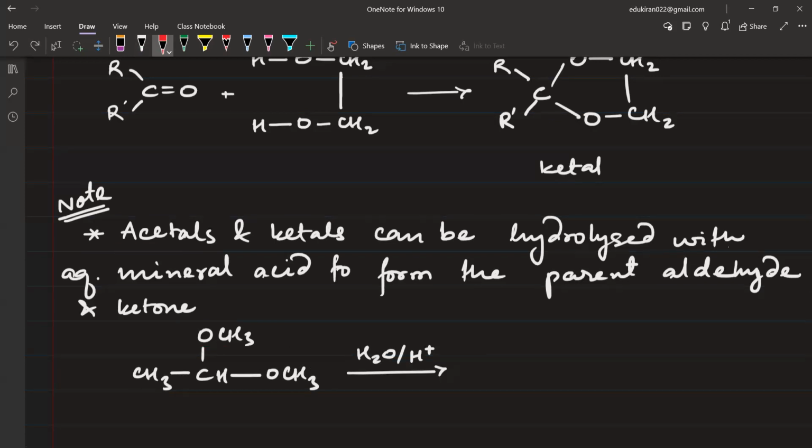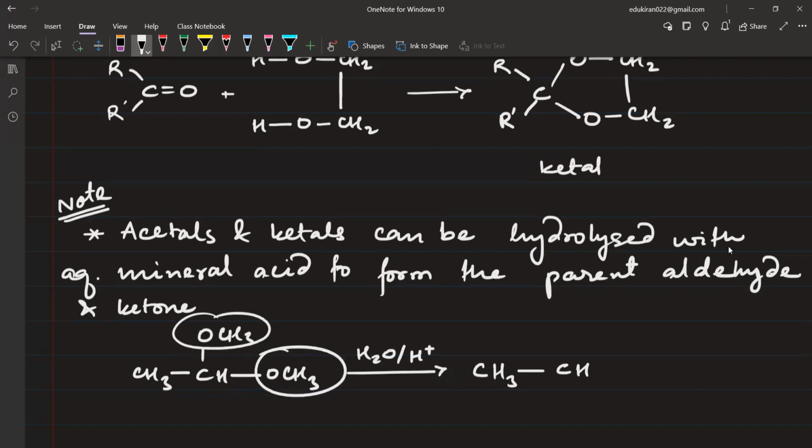How to get aldehyde? Remove the alkoxy. What are the alkoxy? OCH3, OCH3, remove them. CH3, don't do anything. CH3 as it is, the CH is as it is, and this will be removed. So you just need to add O. That's it. This is your aldehyde. All of you got this? Yes or no? Please tell me.